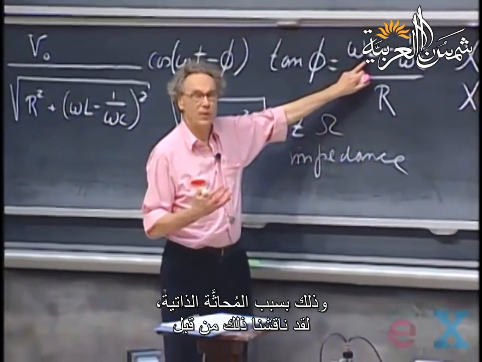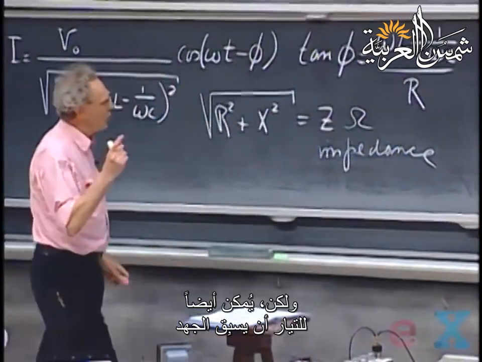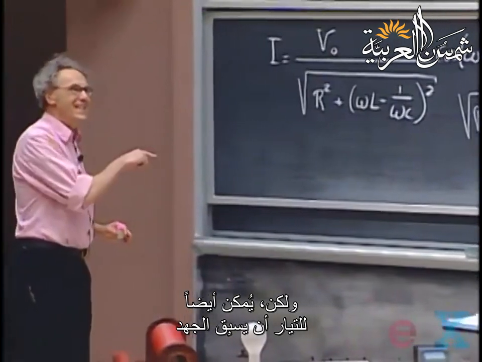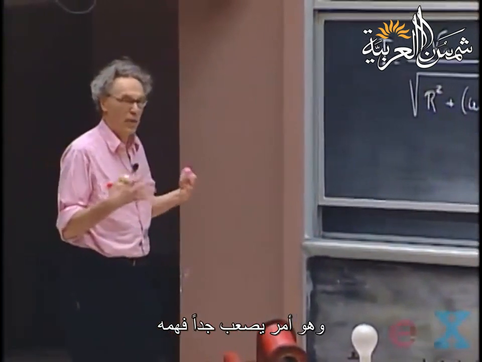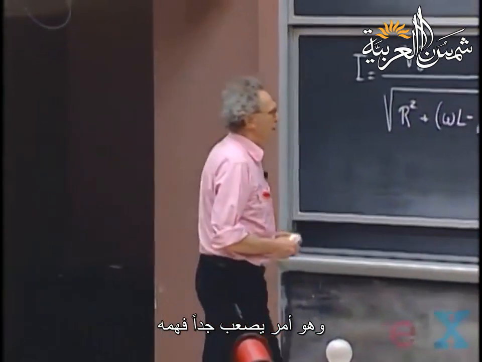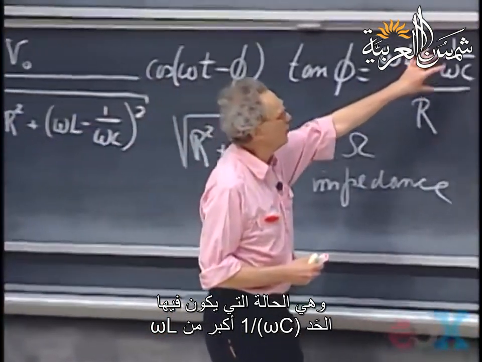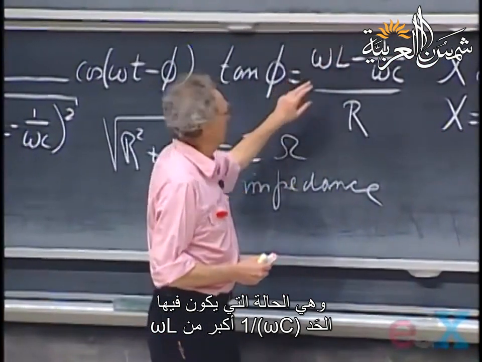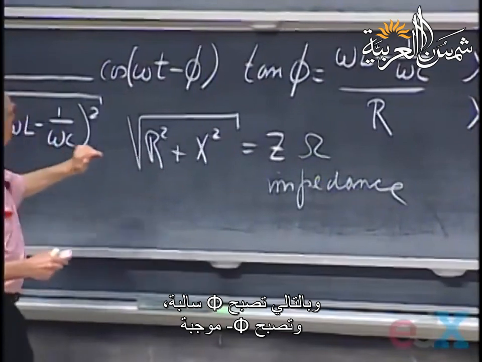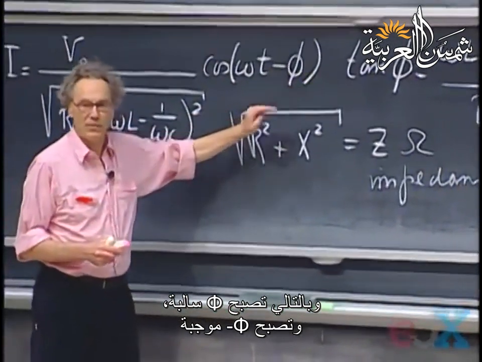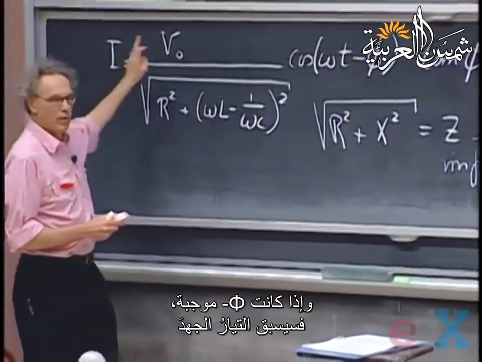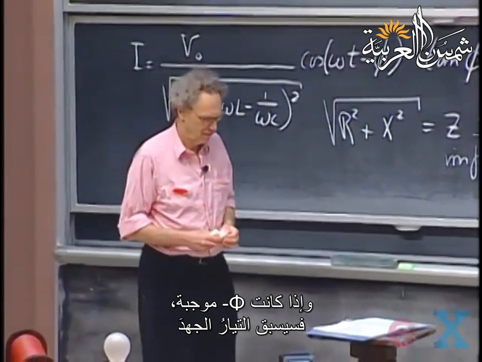We've discussed that before. But now it's also possible that the current is leading the voltage, which is very hard to understand intuitively. That is the case when this term dominates over this one, then phi becomes negative, and so minus phi becomes positive. If minus phi is positive, the current is leading the voltage.